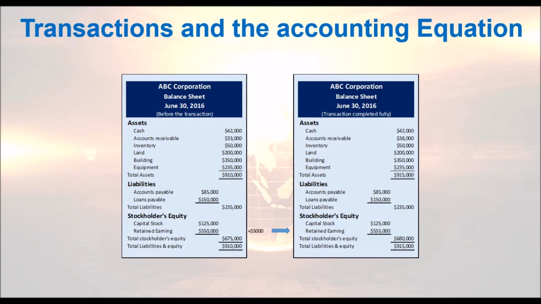So instead of $550,000, the retained earnings is going to be $555,000. And now if you see, the total assets is 915,000, and total liabilities plus equity is 915,000. So the transaction has completed, the equation is true, so everything's okay.